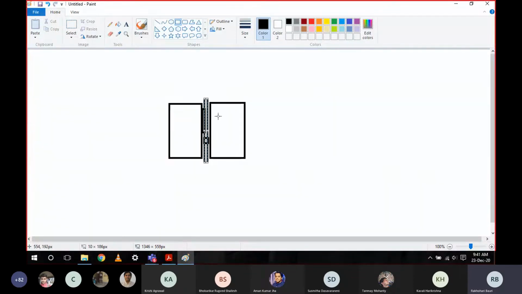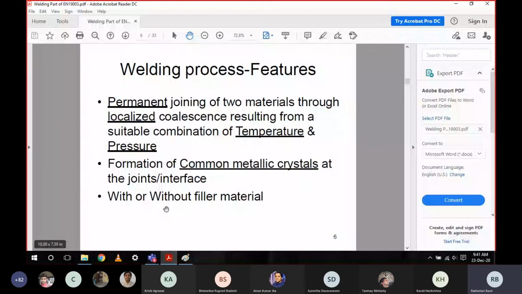Now if the thickness is sufficient, then you need not pour some extra liquid material to join, because the edge part will melt and join, so you don't need a filler material for the joining process. This is the third feature. You can use the welding process with or without filler material.